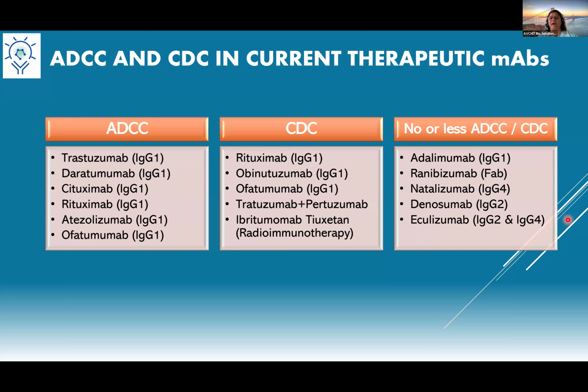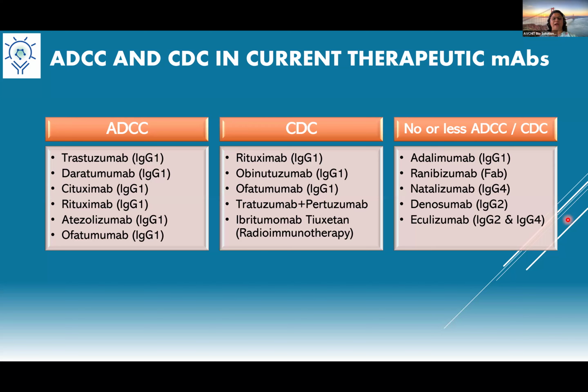Ranibizumab, being a Fab, it does not have a FC portion and therefore shall not demonstrate ADCC or CDC. Other molecules like natalizumab, denosumab, eculizumab, being IgG4 and IgG2 are known to show very less ADCC or CDC activity.